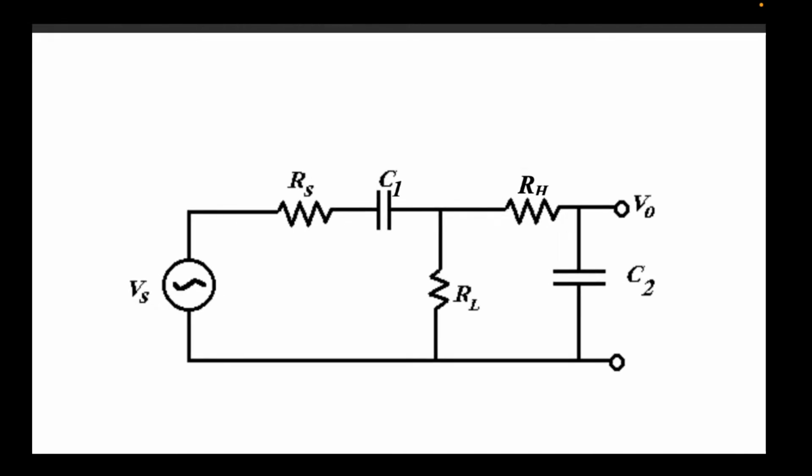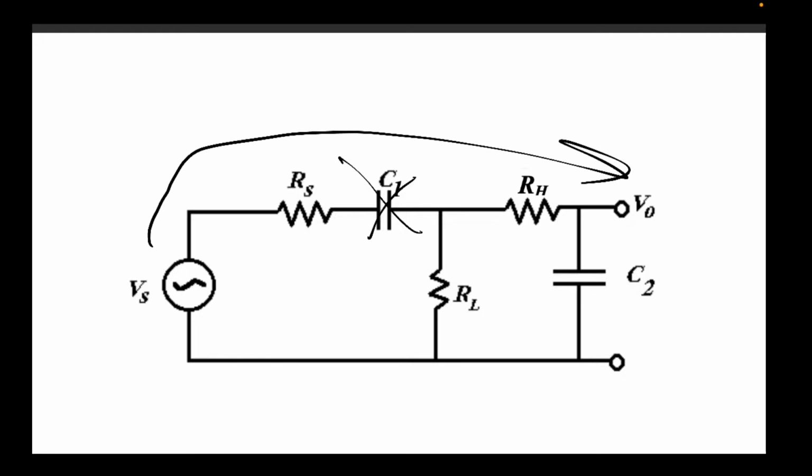So if this capacitor was opened, then there's no signal that is going in to the output. So you can already imagine that the start of this graph would be increasing. And then when there is high frequencies, I mean, this would also be opened, but C2 doesn't really matter in that case.